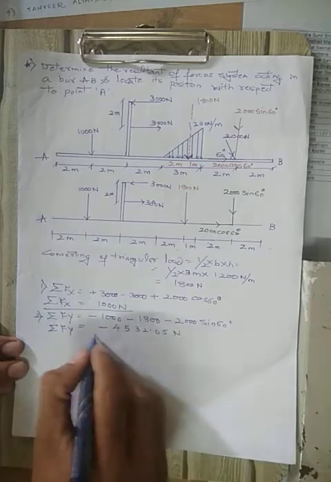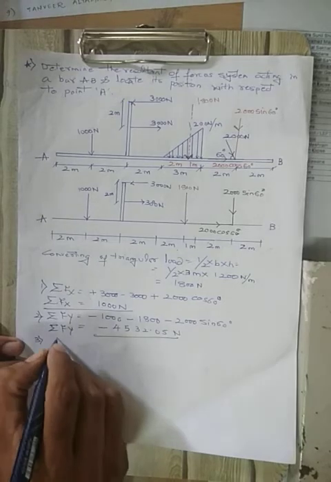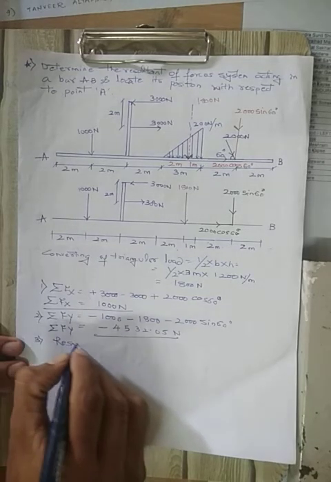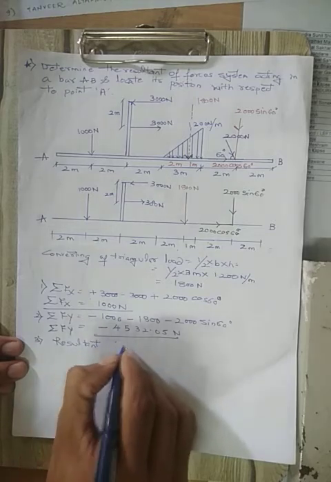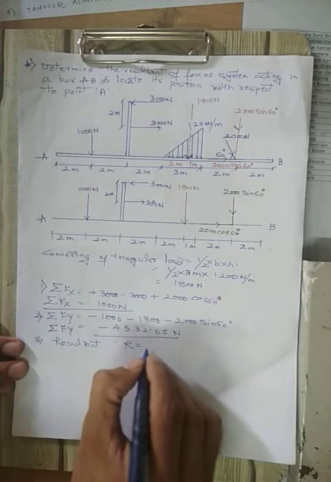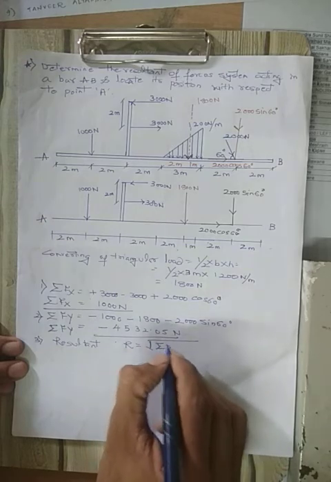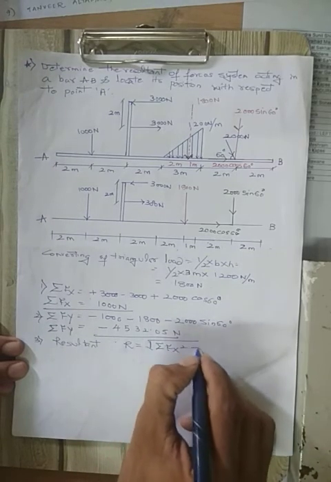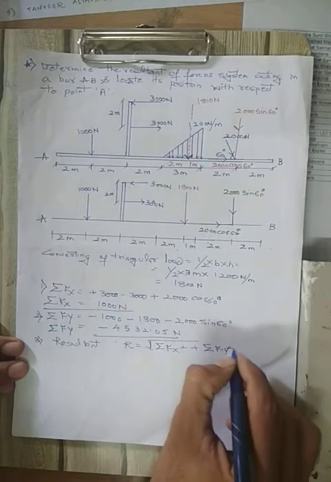The Fx and Fy we have calculated. This is the y component. Then the third thing is the resultant, that is R. How to find out the resultant? The square root of Fx square plus Fy square.